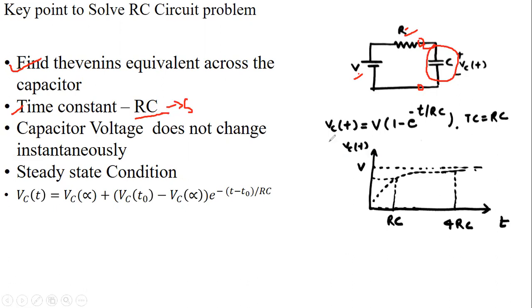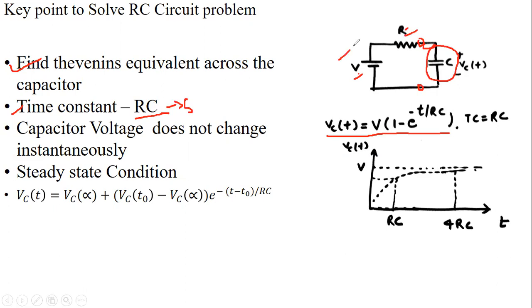Here, the voltage across the capacitor Vc(t) is V times 1 minus e to the power minus t upon RC. How can we get this equation? Same as we did for the inductor.